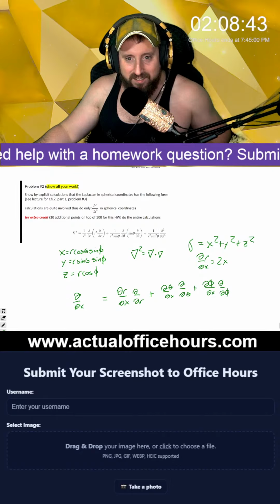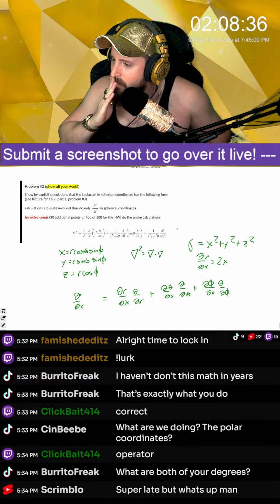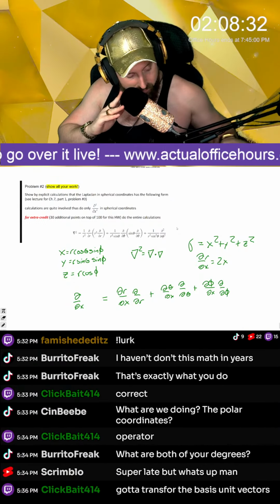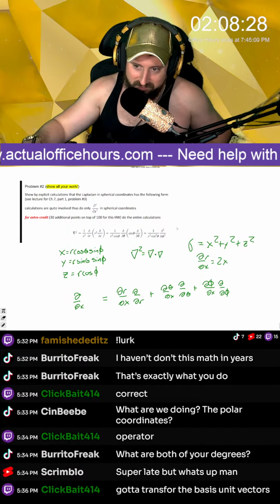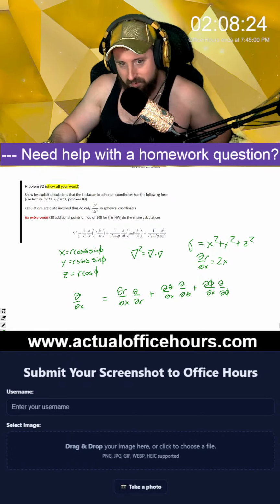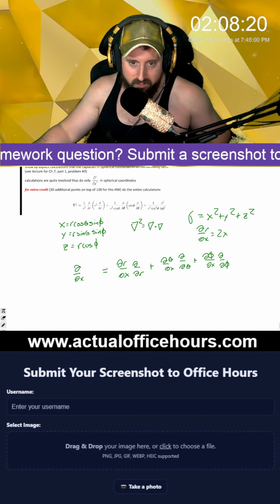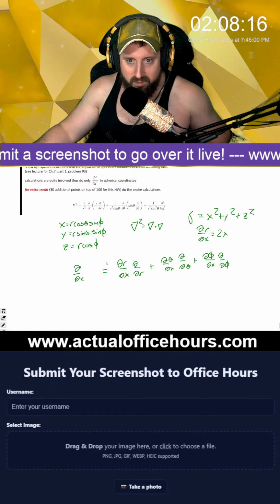Wait, no, I think the x should come out as dx/dr. You've got to transform the basis unit vectors. Yeah, I think you already have done that. Isn't this also a unit vector, technically? And these are also unit vectors.